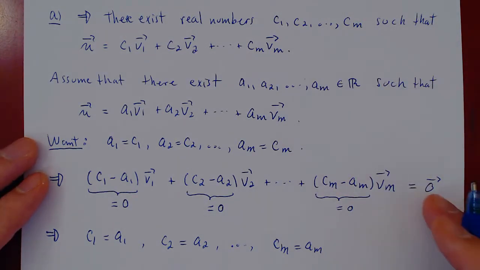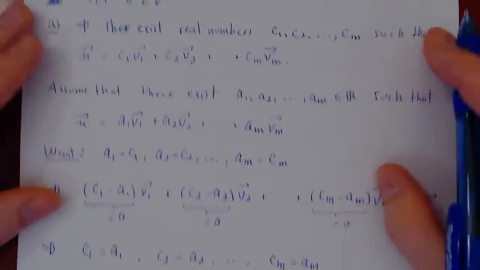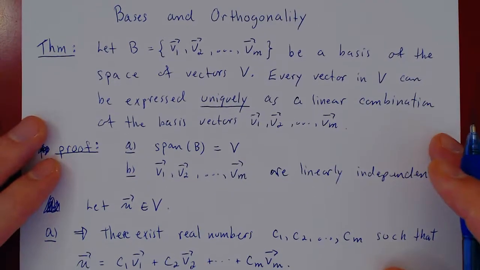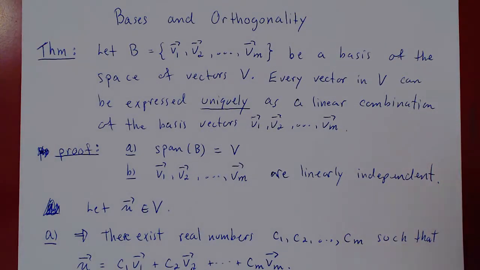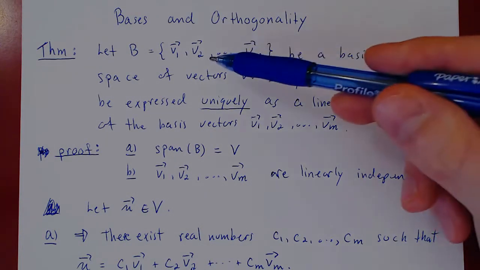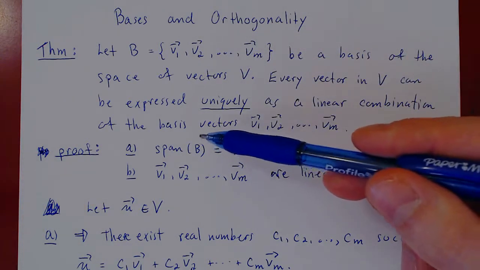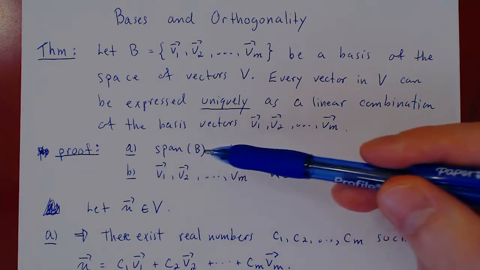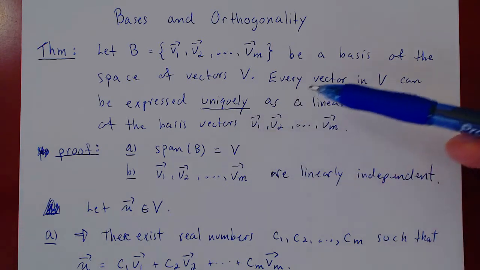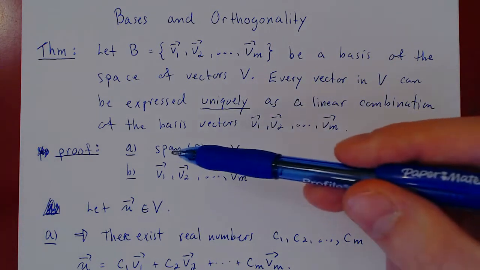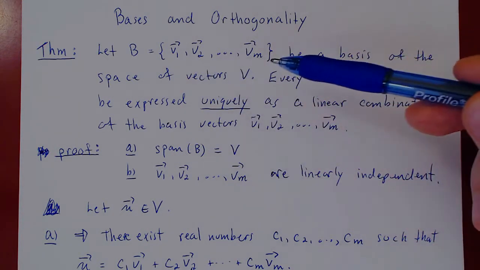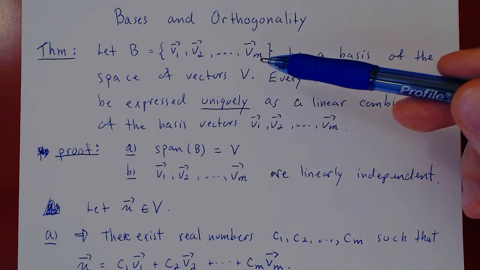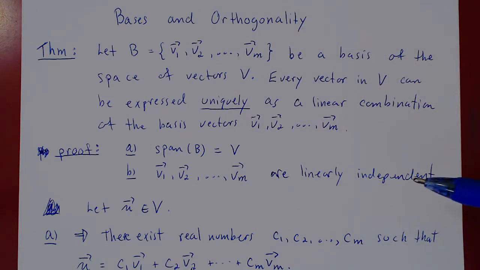And this concludes our proof. So very simple but very important property of a basis. Because the basis is a set of generators, the span of the basis is the whole space, every vector in V is a linear combination of the vectors in the basis. And because the vectors in a basis are linearly independent, this combination is unique.